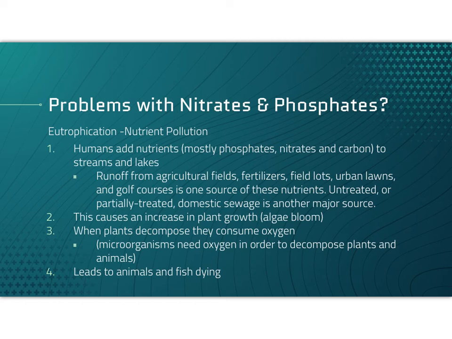Again, this causes an increase in plant growth, like an algal bloom. When plants decompose, they consume oxygen, and microorganisms need that oxygen in order to decompose plants and animals. So we're using up the oxygen in that water system. This leads to animals and fish dying, again, causing a low oxygen water system.